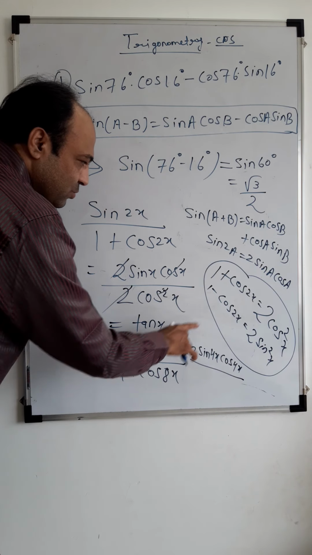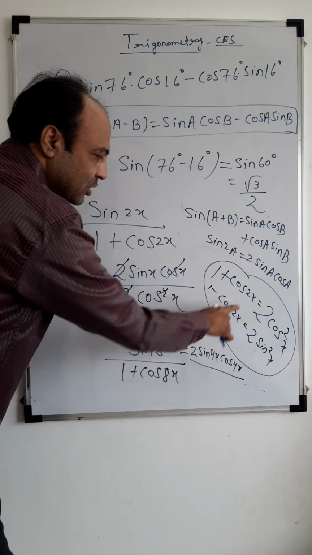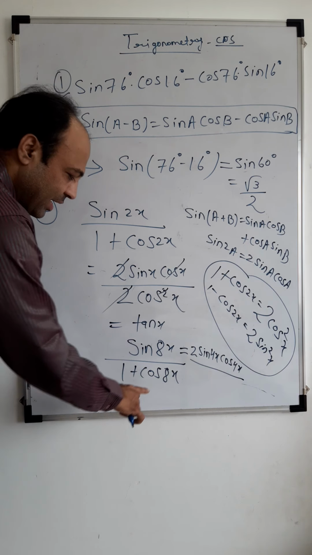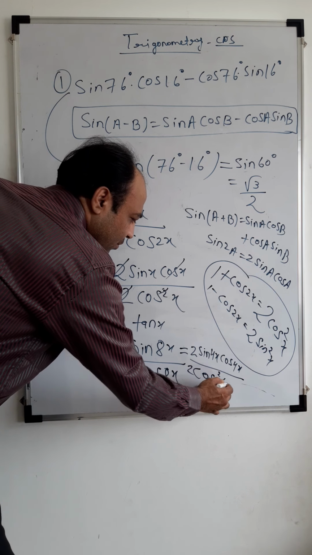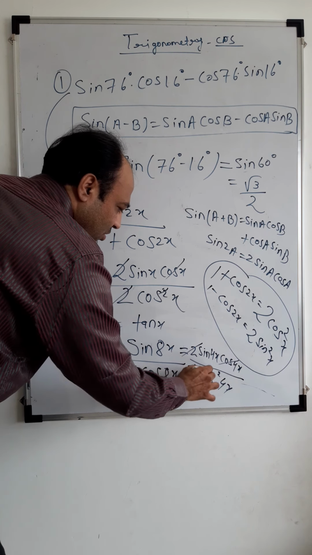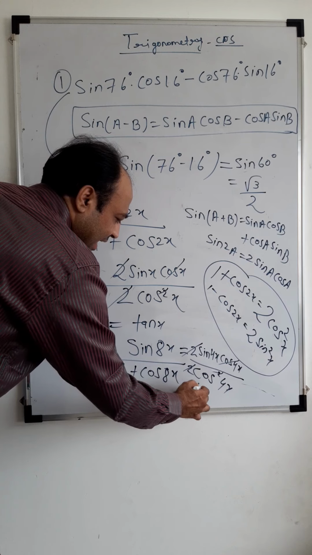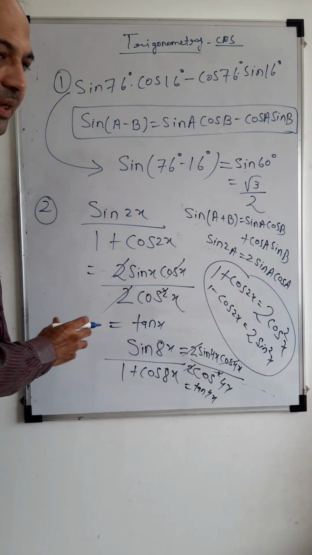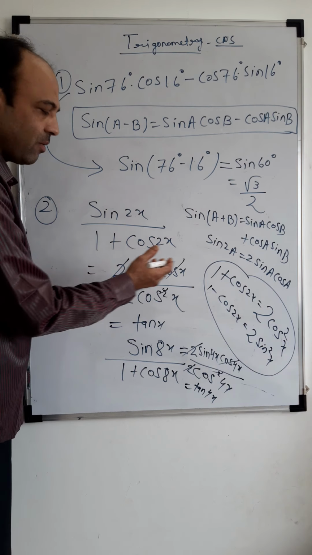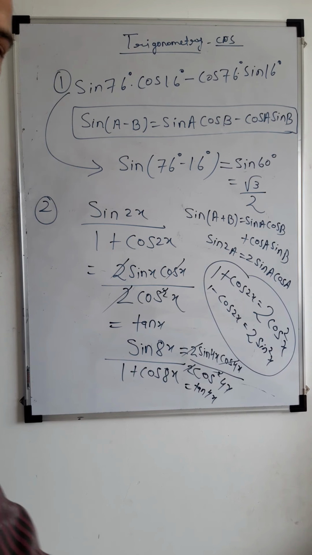And 1 plus cos 2x becomes 2 cos square x; here 2x becomes x, so 8x becomes 4x, so this is 2 cos square 4x. The 2 gets cancelled, one cos with cos, so we are left with tan 4x. So in all such situations, you have to use the sin 2a formula and the 1 plus cos 2a formula. Correct?